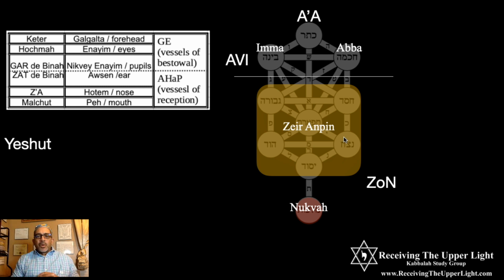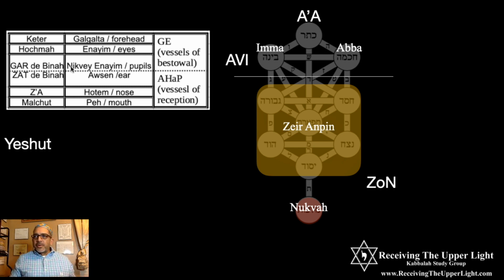So when you're reading this, don't read it as something that is happening out there. All this is happening inside us. Everything is inside us. As we are studying the Zohar, we're going to continue studying the Zohar.